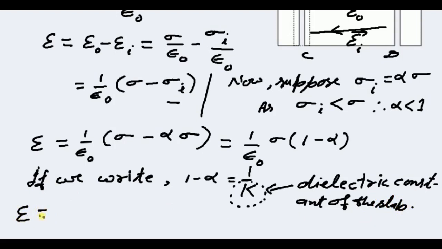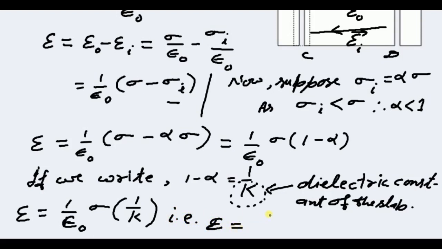E will be equal to 1 upon epsilon naught sigma, and put the value of 1 minus alpha as 1 upon k. You get 1 upon k. That is, E is equal to sigma upon epsilon naught k.